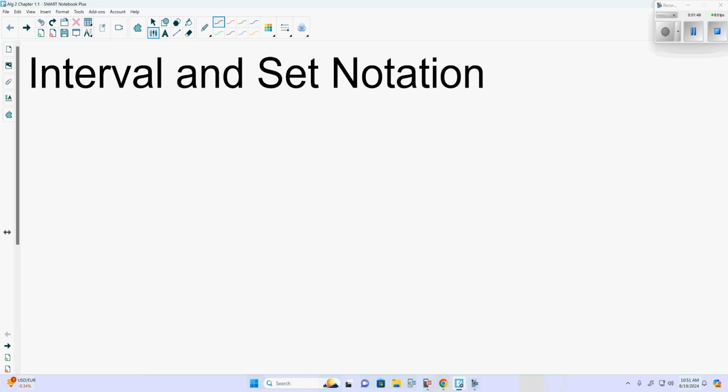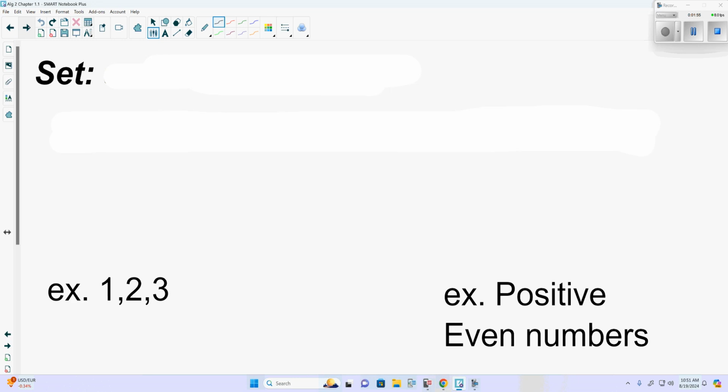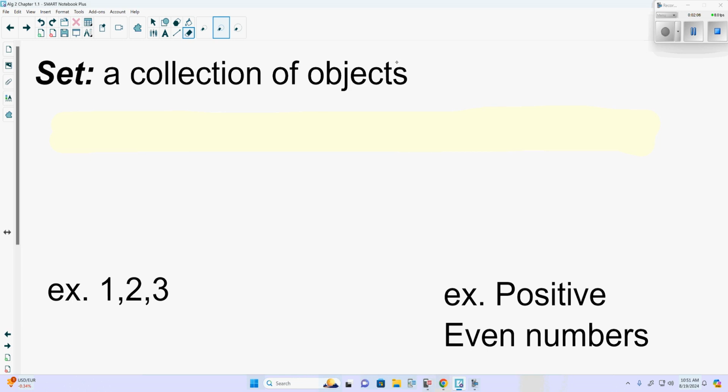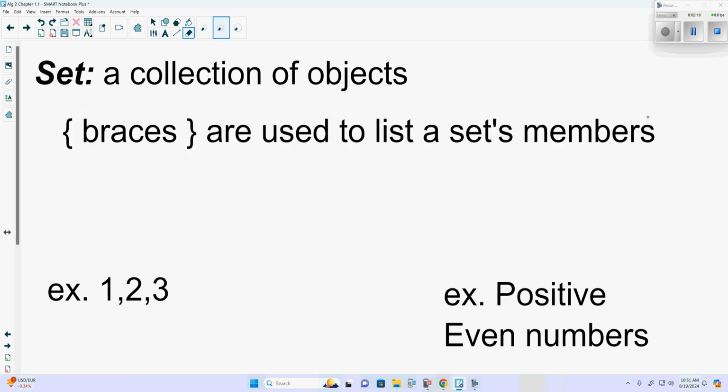But looking at 1.1, intervals and set notation, the first thing we need to talk about is what is a set. There are different types of sets that we can have. Mathematically speaking, a set is a collection of objects. Braces are used to list a set's members.